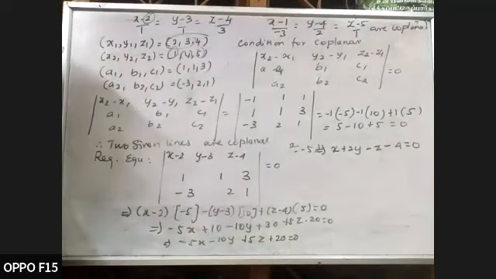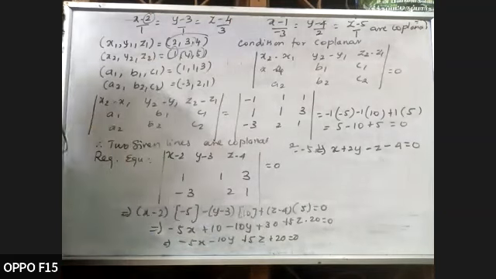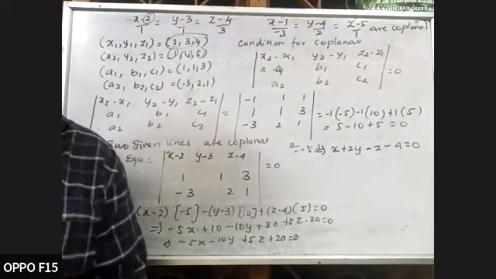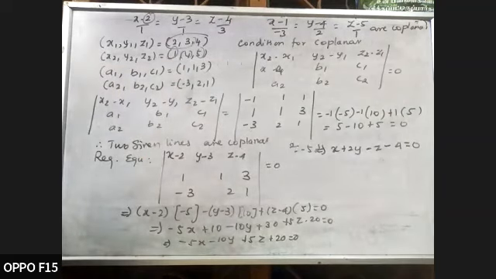This is the required equation. So we use the condition for coplanar and then form an equation of the plane from the same two lines. This kind of sum can be asked. It comes under 3 marks; the classification of the question is 3 marks.